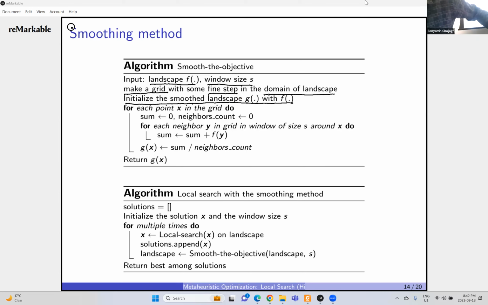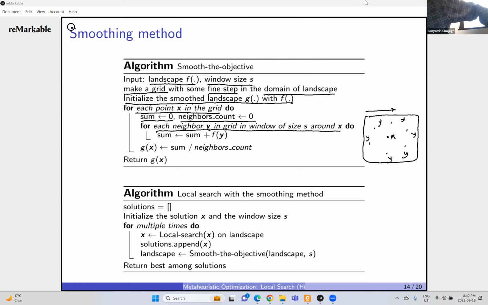Then I want to go point by point in the domain. For each point in the grid, in the domain, I smooth it. How? I have the sum initialized to 0, neighbor count 0. Then for each neighbor y in the grid in a window of size S around x, so I have x, I have some points in the grid around it with some neighborhood S, right?